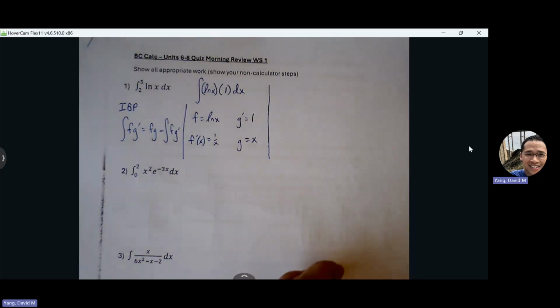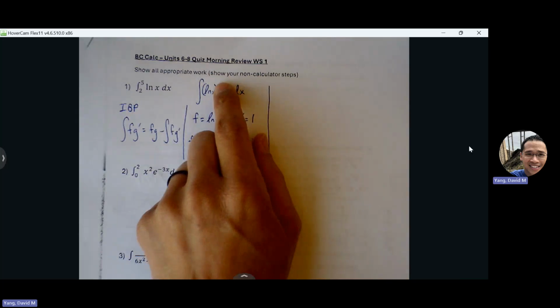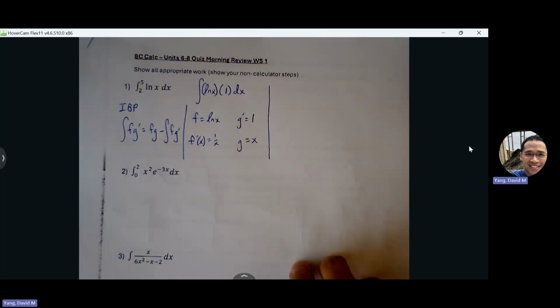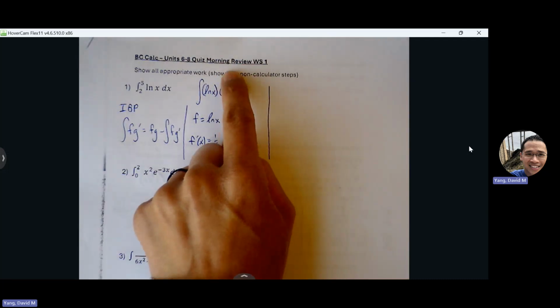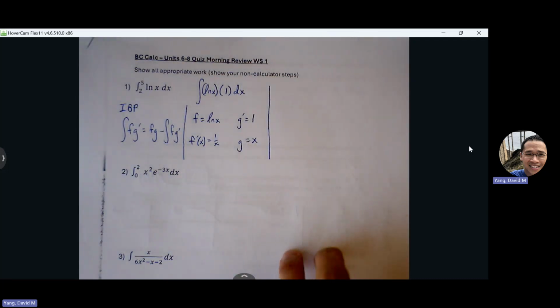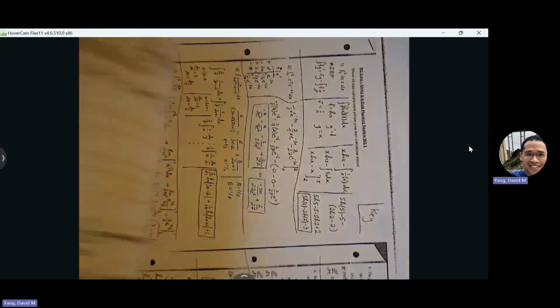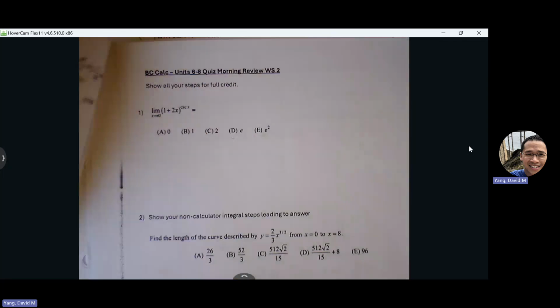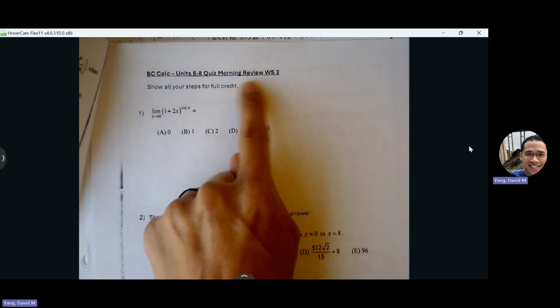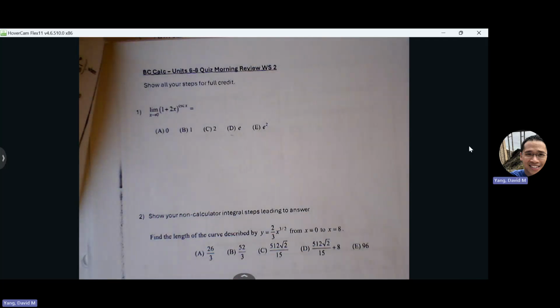This morning I went over morning review worksheet 1. The key is attached as well. So I encourage you guys to work through worksheet 1 just for extra practice. And I recorded a video as well, so I'll upload that under today's date. And then tomorrow morning, help session at 7:30, and I will work through worksheet 2 as well as any other additional questions that you may have.